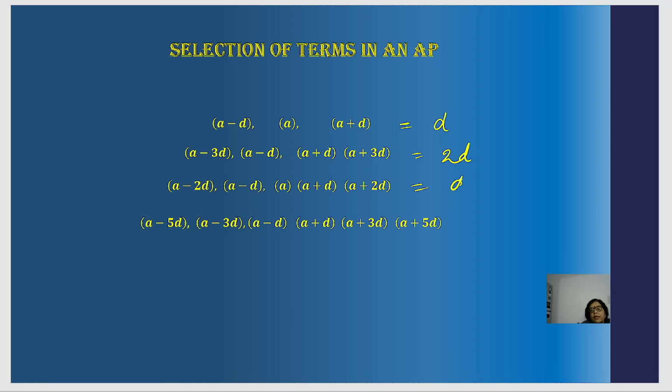So whenever we get a set of an odd number of terms, the common difference is d. When we get a set of an even number of terms, the common difference is 2d. If we take these selections, the work becomes extremely easy, and we can see that in the subsequent questions that we are going to solve right now.